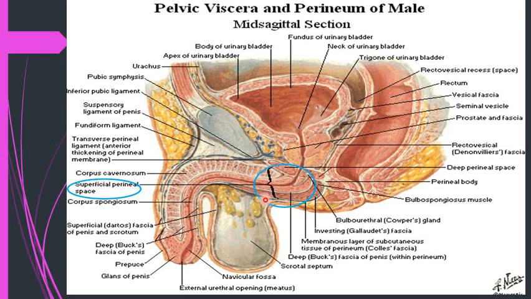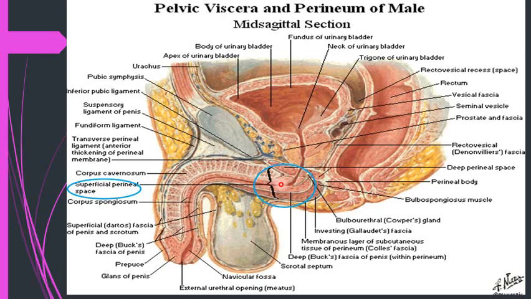So if you focus on that space here, that is the superficial perineal space, you can see very easily that this is having here the bulb of the penis as its content, along with the corpora and crura of the penis plus its corresponding muscles.